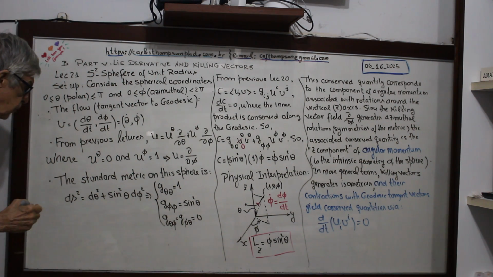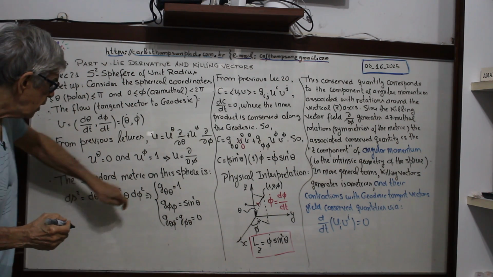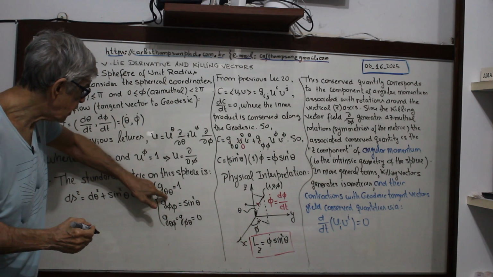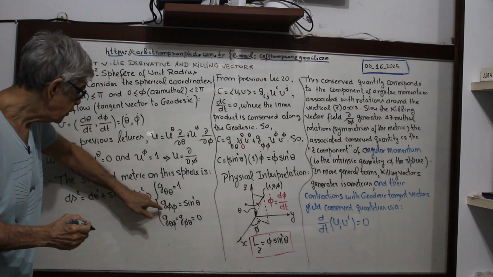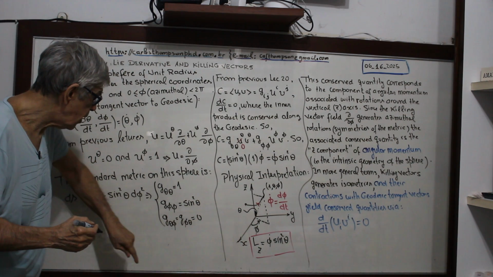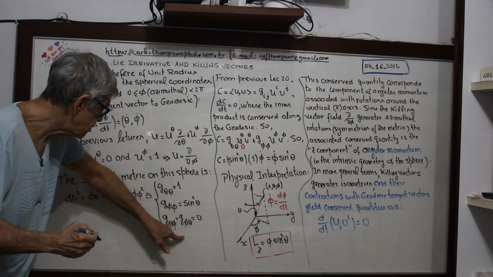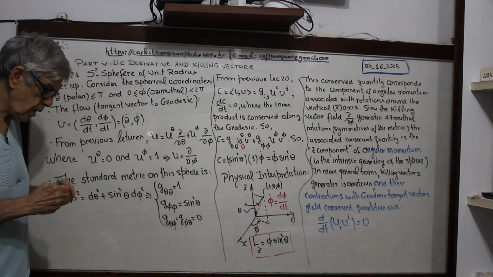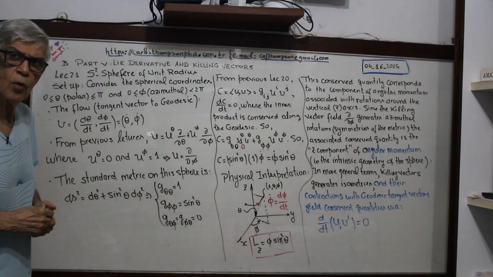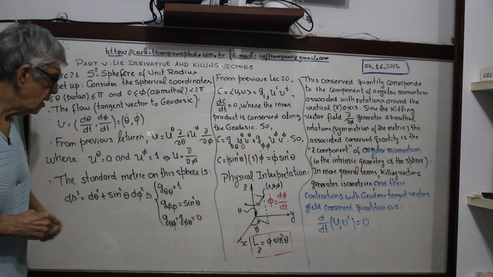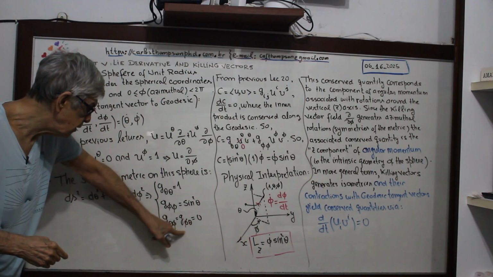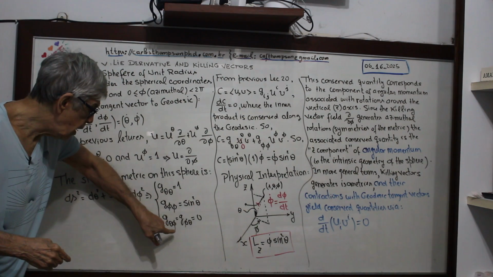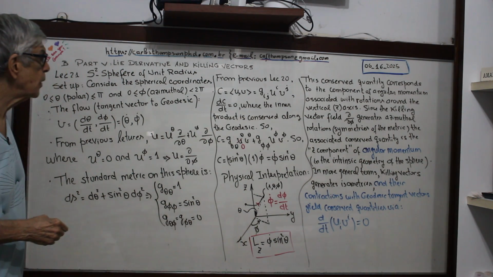If you compare, you see the metric g theta theta is equal to 1, g phi phi is sine square of theta, and it is symmetric. The sphere has an orthogonal basis, so the off-diagonal terms are 0.